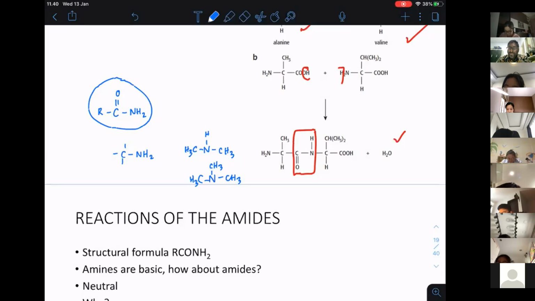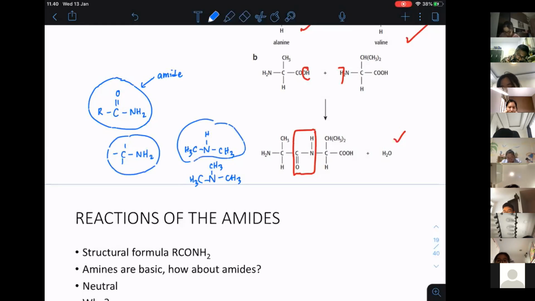If you look at the structure over here, this is the structure of amide, and these three that I have drawn over here are all structures of amide. If you have this NH2 attached, or NH, then 2 R groups or 3 R groups attached to N, all these are going to be considered to be amines. And we have learned about amines in our previous lesson.